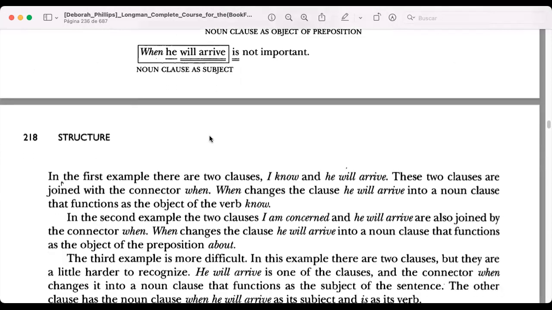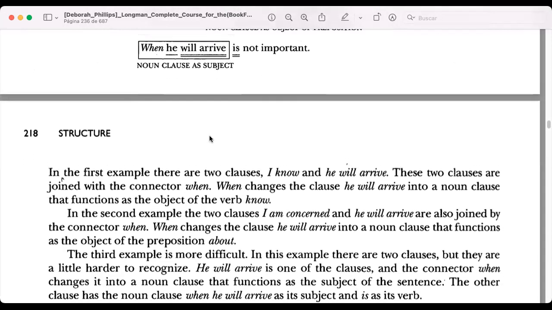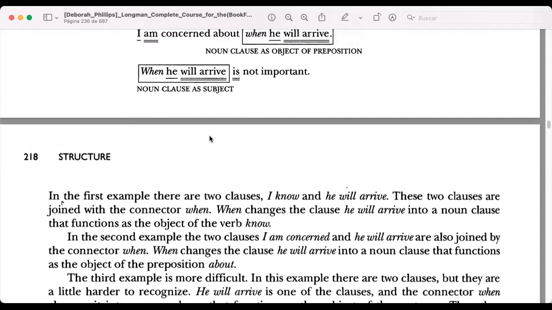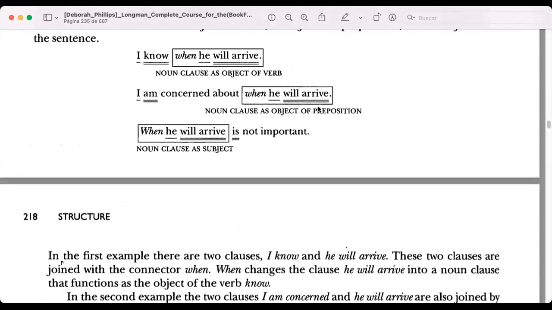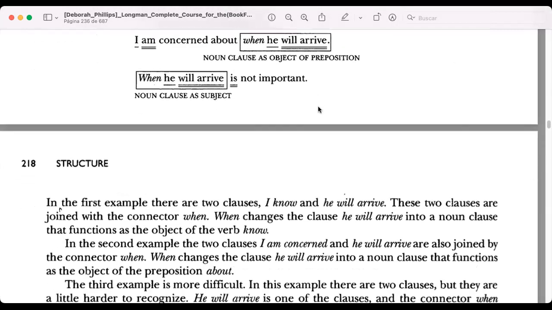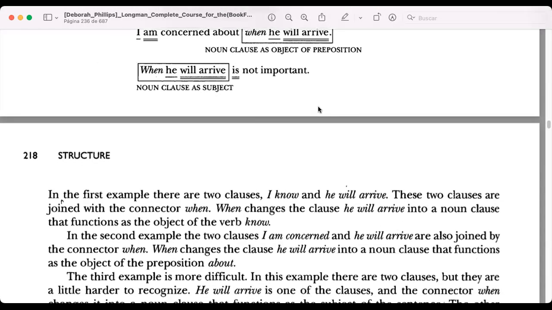In the second example, the two clauses, I am concerned and he will arrive, are also joined by the connector when. When changes the clause he will arrive into a noun clause that functions as the object of the preposition about.